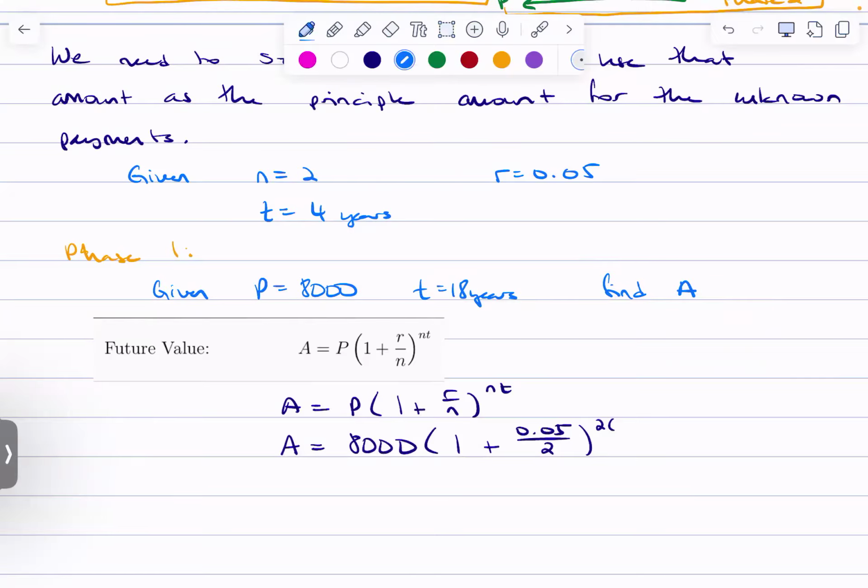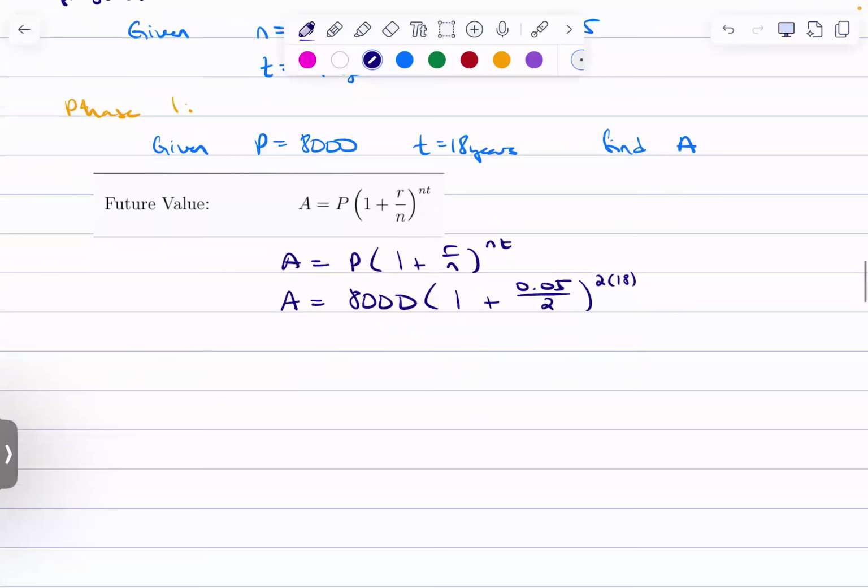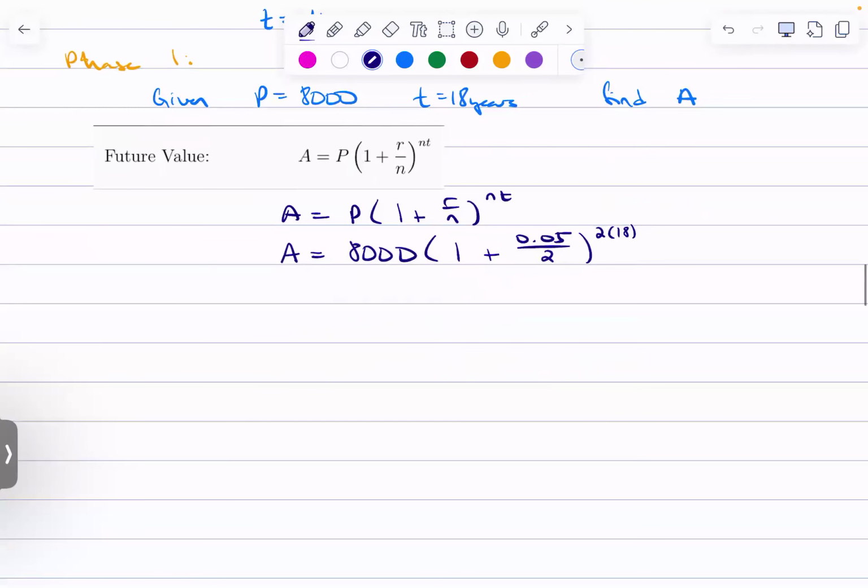Oh, and this is 18, because it's going to sit there for 18 years. So let's see here, 0.05 divided by 2. It's looking good.